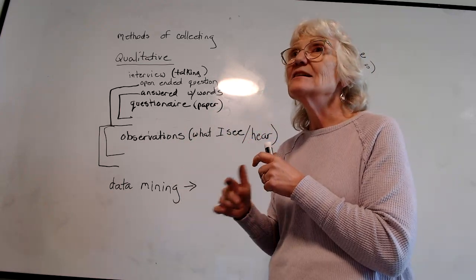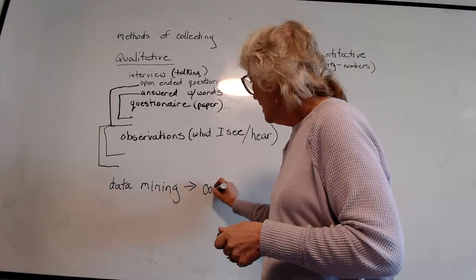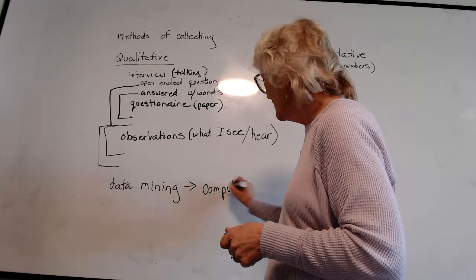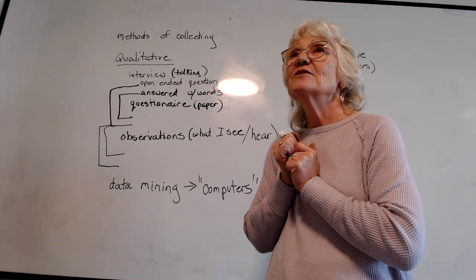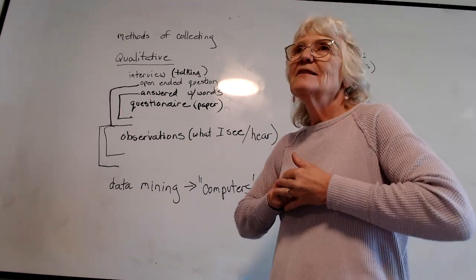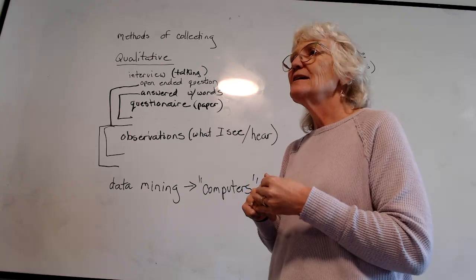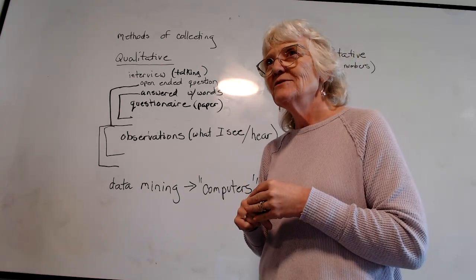And that is done by computers. To me, this is one of the scariest things that we can do. I was listening the other day to a topic. They were telling us how much data car manufacturers are getting on you.